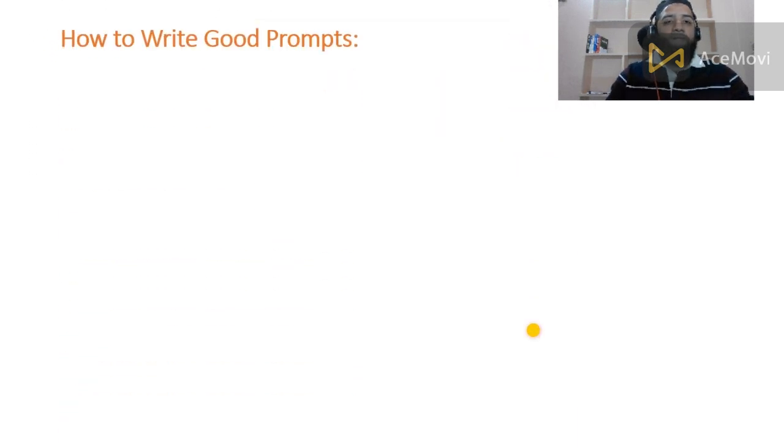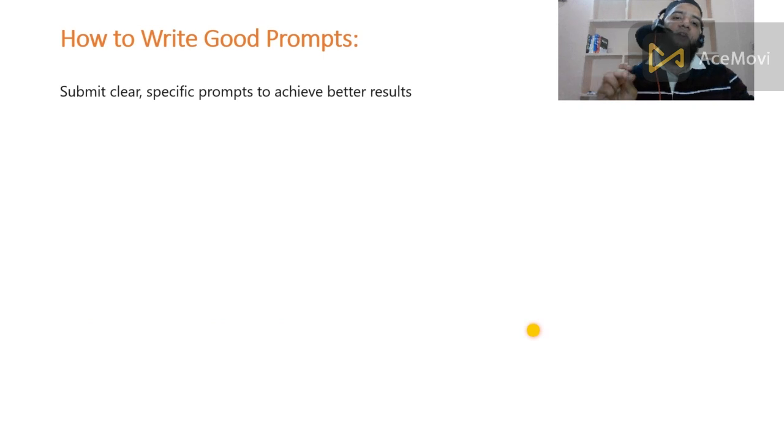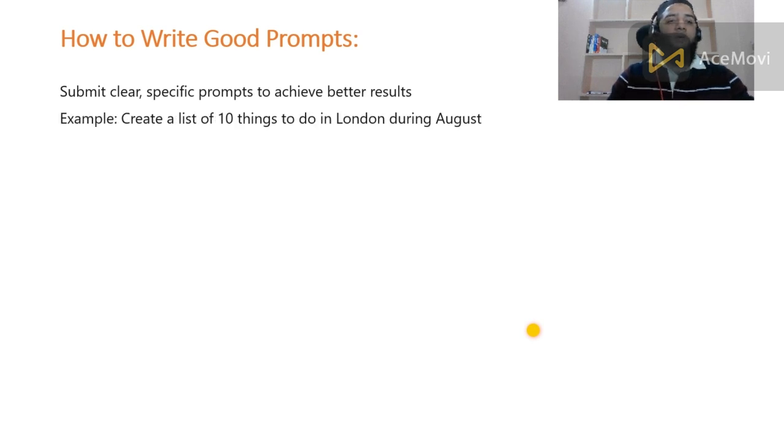All right, now how to write good prompts. Submit clear, specific prompts to achieve better results. You have to be clear and specific when you submit a prompt. It shouldn't be ambiguous, to achieve a good result. Let's see an example: create a list of 10 things to do in London during August.